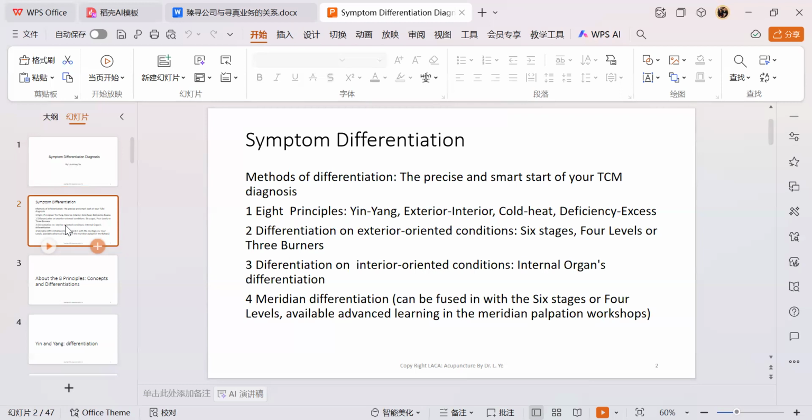And then later on, for example, in the Tang Dynasty or the Song Dynasty, most of the conditions were diagnosed or differentiated by organ differentiations. 那是有脏腑辩证. So you have heart, liver, kidney, all that.